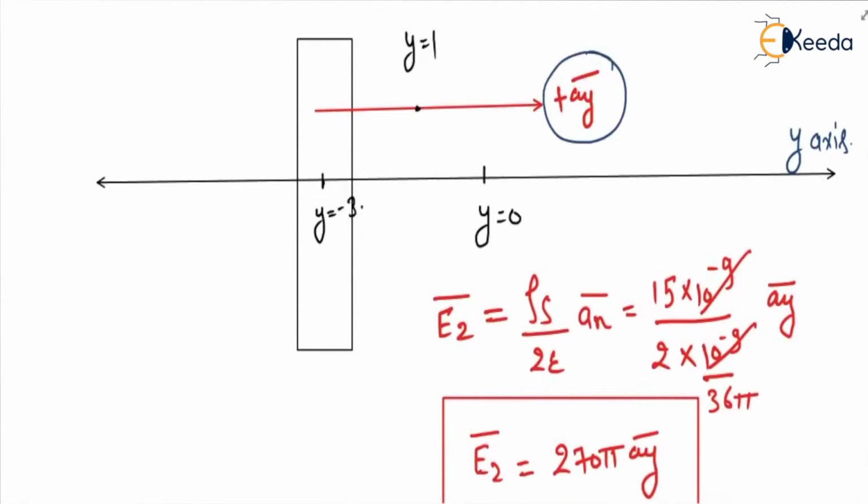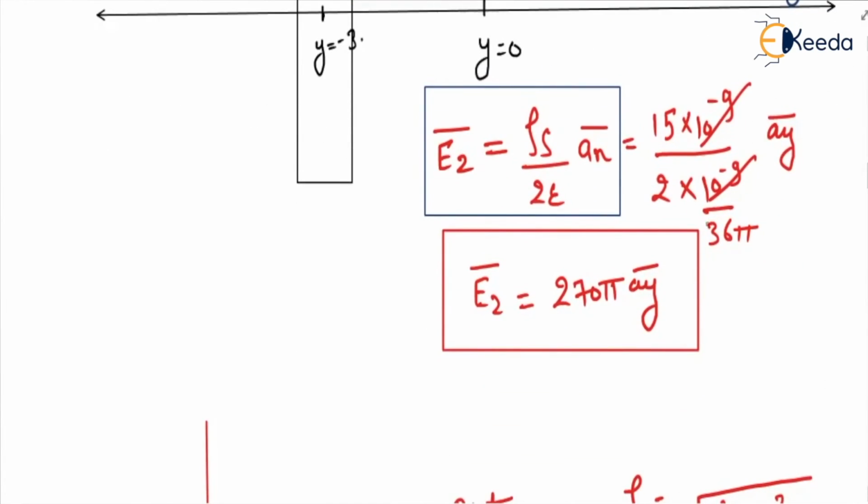So E2 is equal to rho_s upon 2 epsilon a_n vector. Rho_s is 15 into 10 to the power minus 9, divided by 2 into epsilon, which is 10 to the power minus 9 divided by 36π, and the direction is a_y. So E2 is equal to 270π a_y volt per meter.